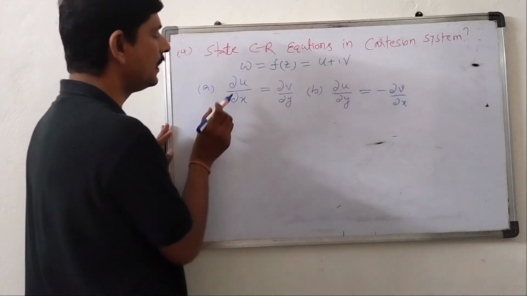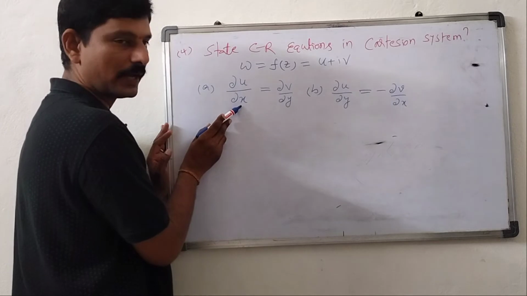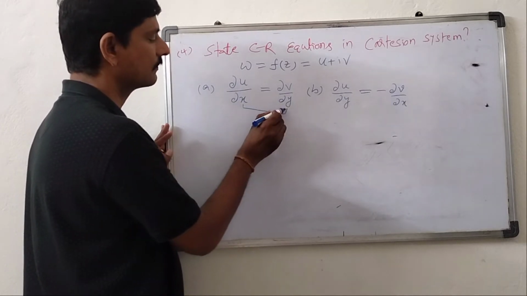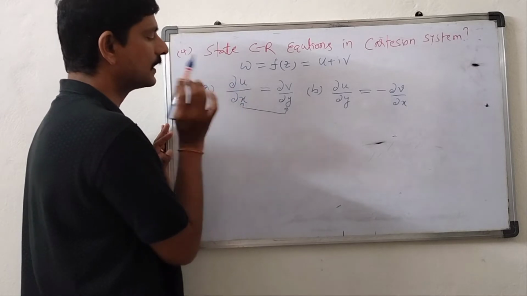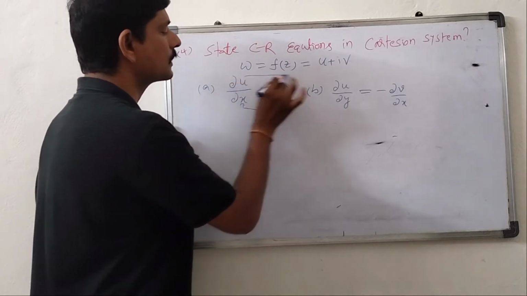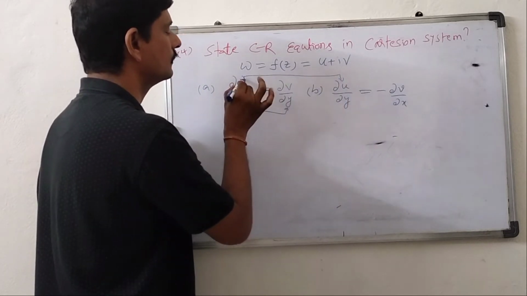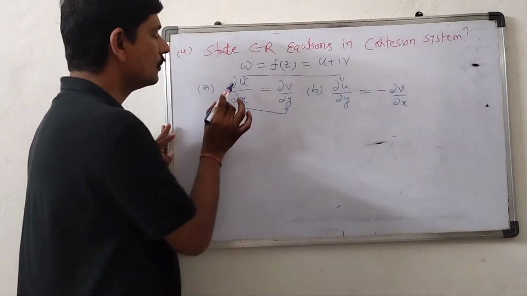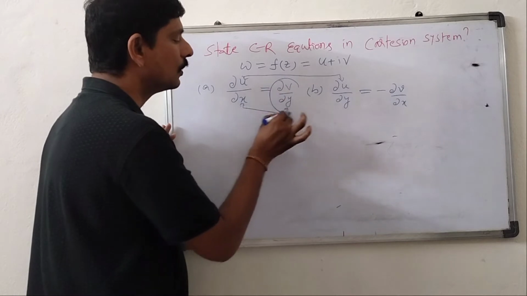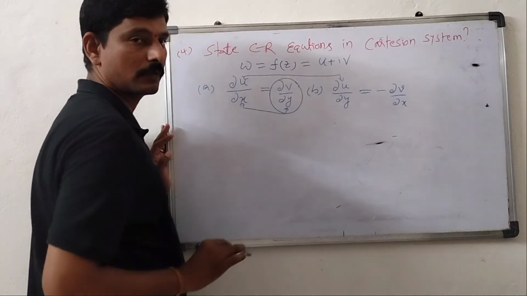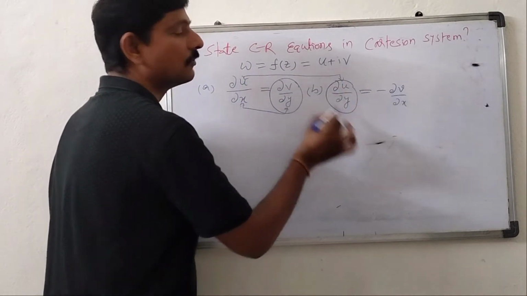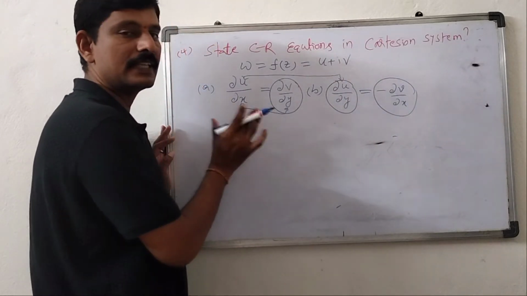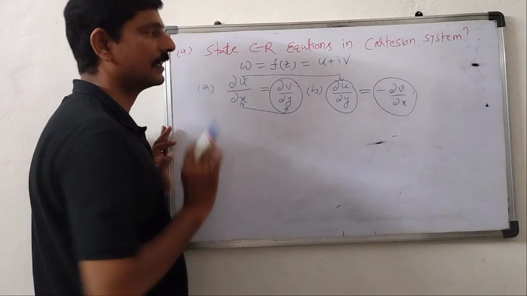Very easy to remember. U with respect to x partially equals v with respect to y, opposite variable. Both are LHS parts; both LHS parts are in terms of u. This is the first point you remember: dou u by dou x, dou u by dou y. So dou u by dou x is equal to dou v by dou y, opposite variable. Dou u by dou y is equal to minus dou v by dou x, opposite sign. These are the CR conditions in Cartesian system.